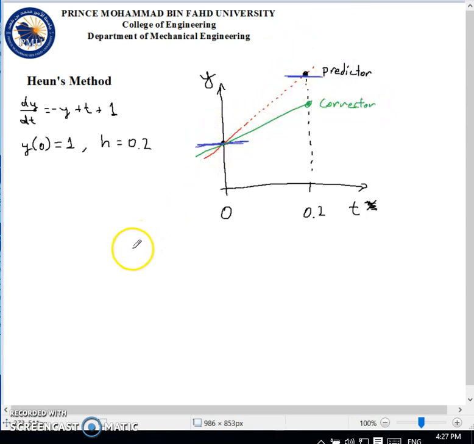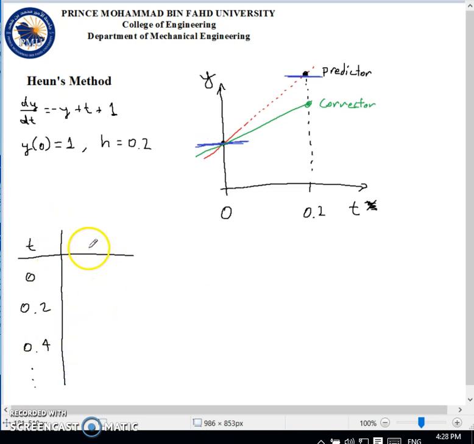Okay, let's try to put some numbers into this. So we start with t: 0, 0.2, 0.4, and so on. Okay.